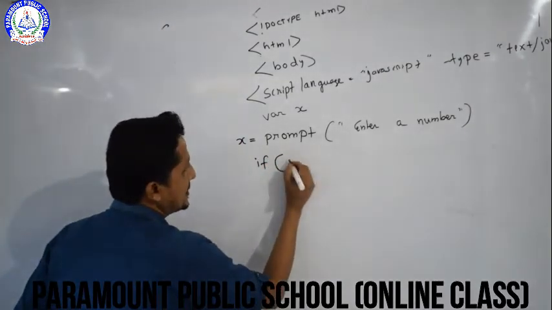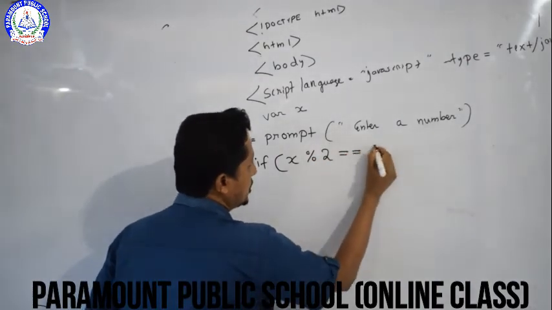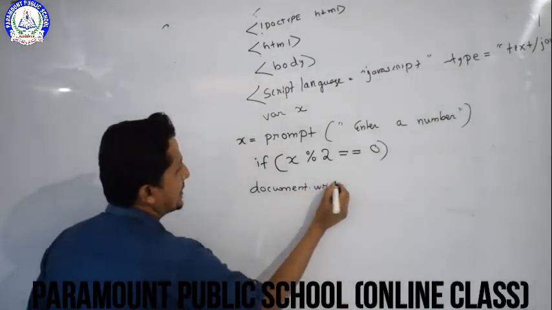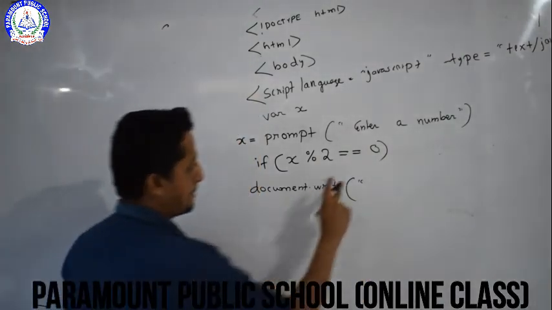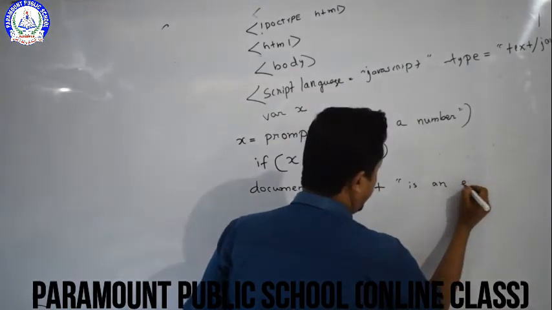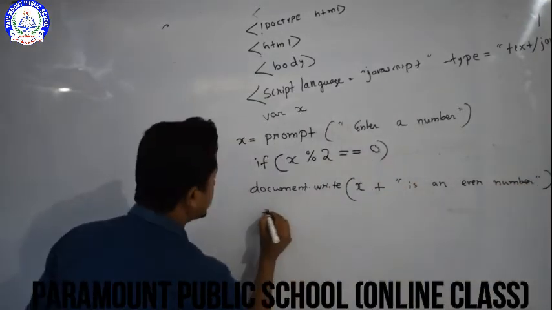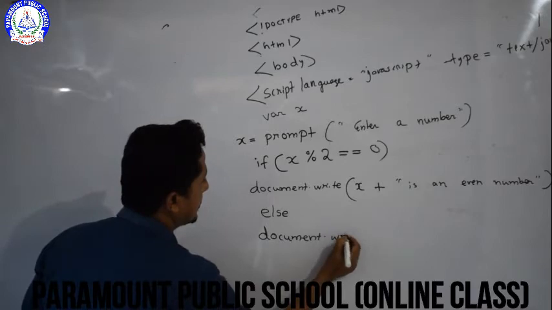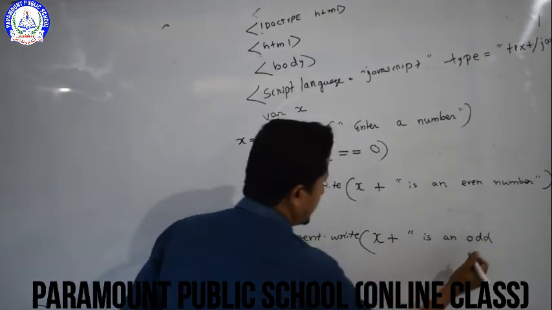If (x % 2 == 0) document.write(x + " is an even number"), else document.write(x + " is an odd number").